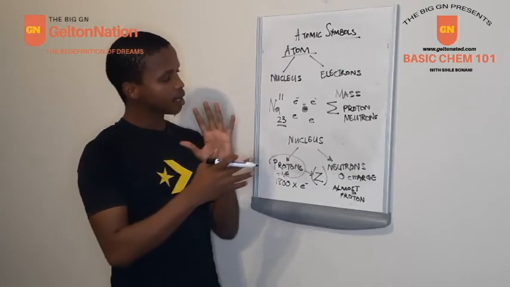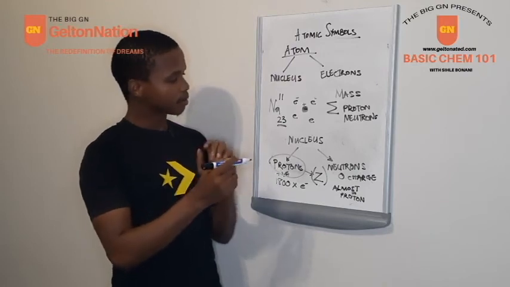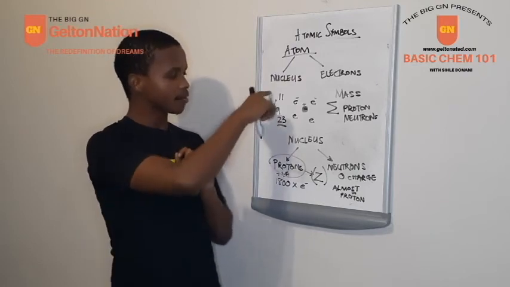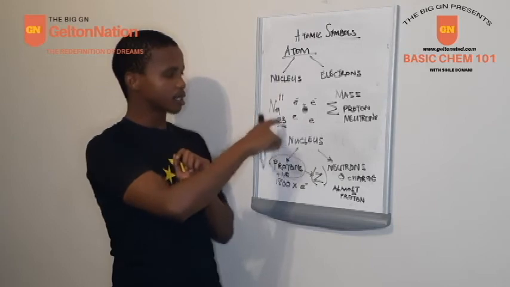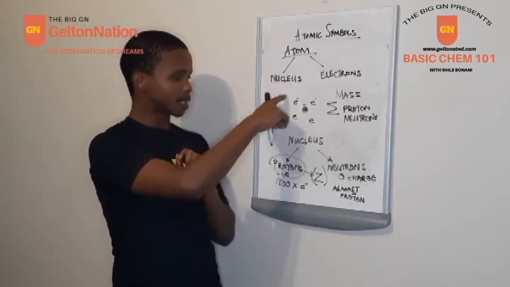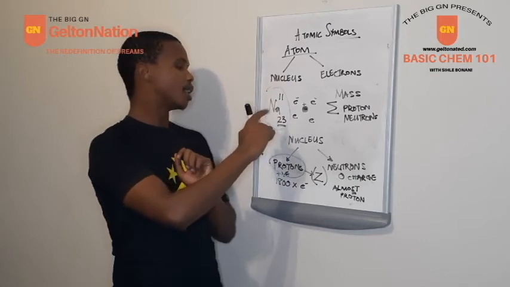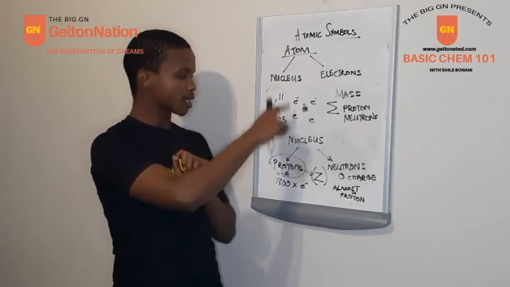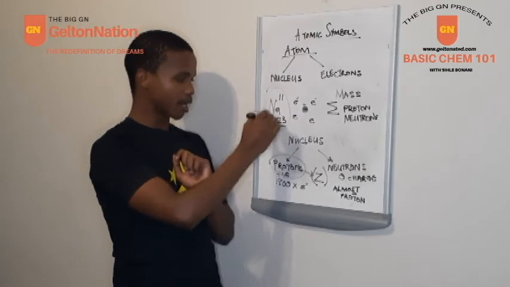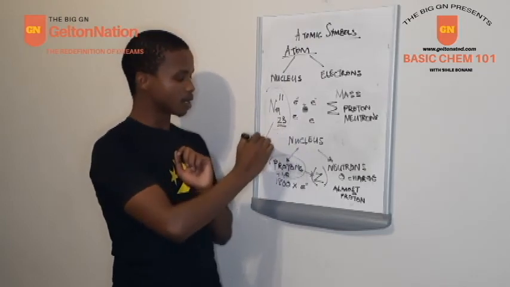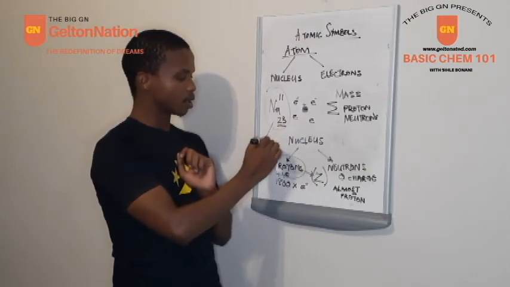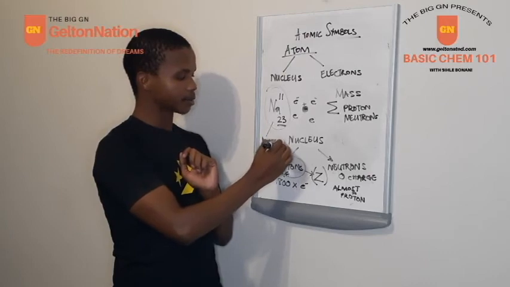So for sodium, you'll always have 11 and 23. Your atomic number and mass number are always the same, because sodium naturally occurs like this. So from there you won't have any changes. So this one will be called your nuclide.